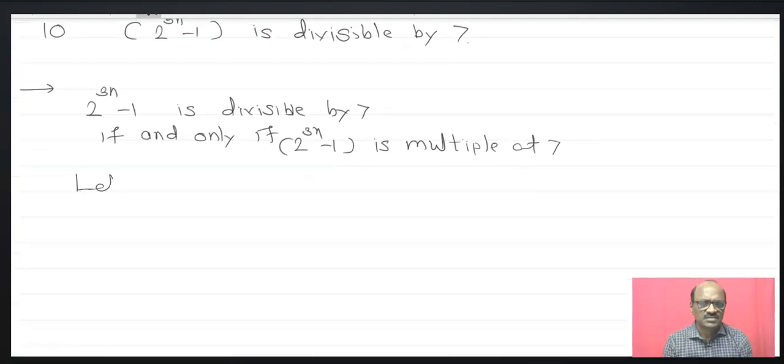First, 2 raised to 3 minus 1 must be a multiple of 7. Let P(n) be the statement that 2 raised to 3n minus 1 is a multiple of 7.